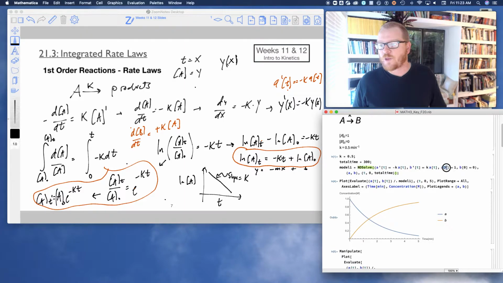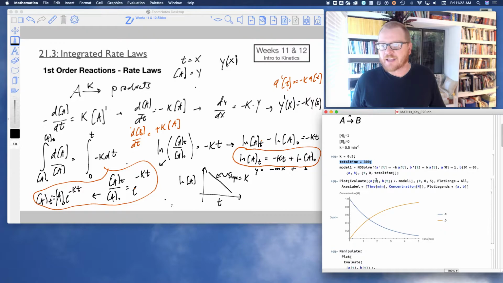We're saying call the initial concentration, the concentration of A when t equals 0, 1 molar. We're saying B at time 0 equals 0 molar. And then this is going to solve for A and B over the total time window that I set up right here.